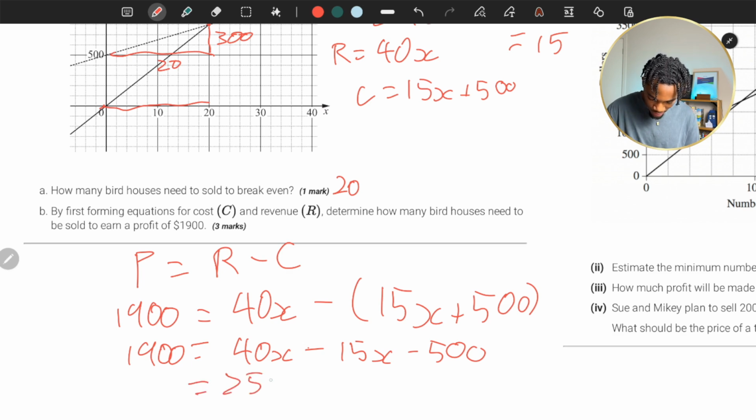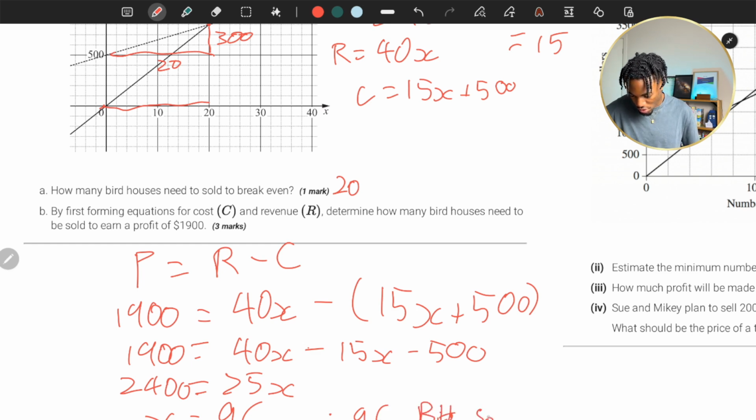So 25x equals 2400, x equals 96. And we'll say therefore 96 birdhouses must be sold to earn $1,900.